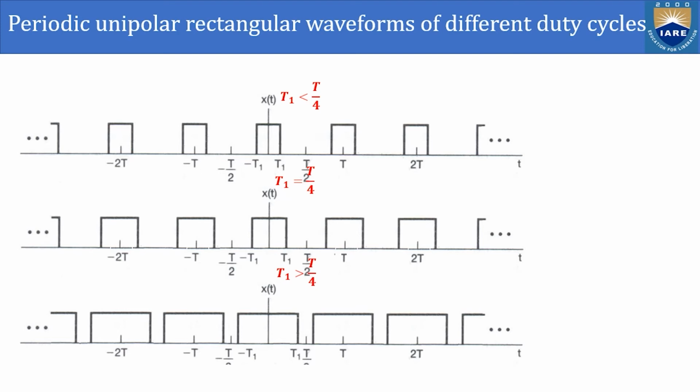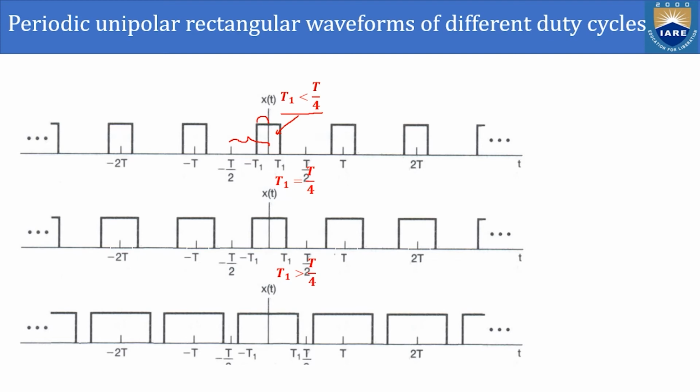Now let us first say that T1 is less than T by 4. In this case, for example, this is the case. Where is T by 2 here? This is T by 2, whereas this is T1. So T1 is less than T by 4.